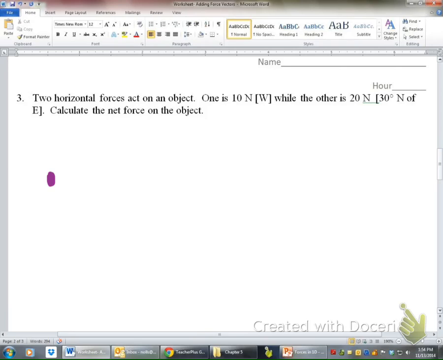One is 10 newtons west, so we're going this direction. And the other is 20 newtons at 30 degrees north of east. So all we do is draw like this. It's 20 at 30 degrees north of east, so our angle has to go in this little pocket since it says north of east.